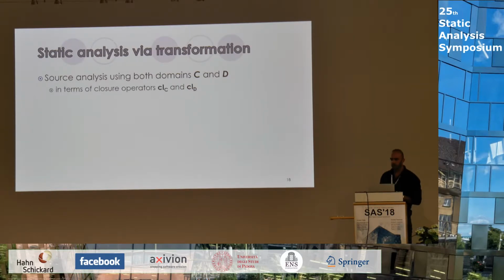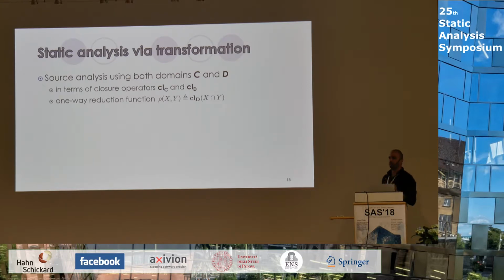The reduced product analysis works as follows: it makes a step for the domain C and produces result X, it makes a step for the domain D, produces Y, and then refines Y with information from X using this reduction function rho. So rather than doing the fixed point over this method that I just described, we propose something else.